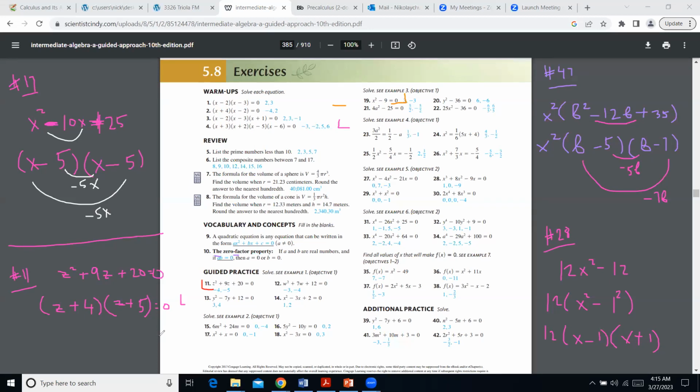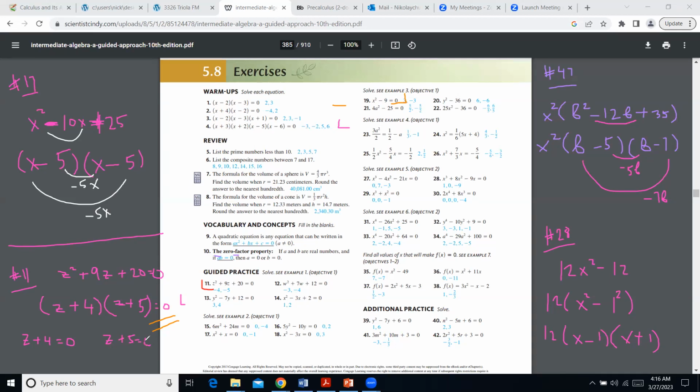So then after we factored, there is one extra step, because we have equal to 0 for both of those factors. In other words, we are going to try to solve the equation. So when you solve this equation, I'm going to set both of my factors equal to 0.